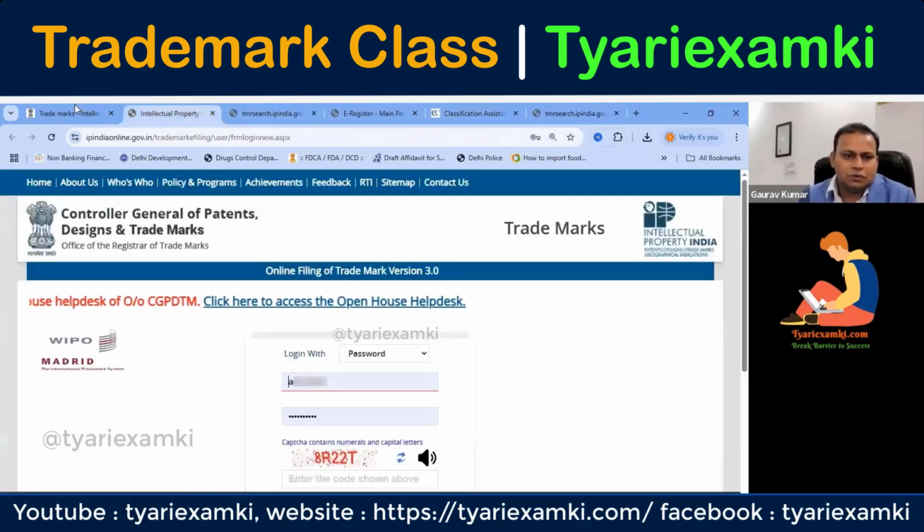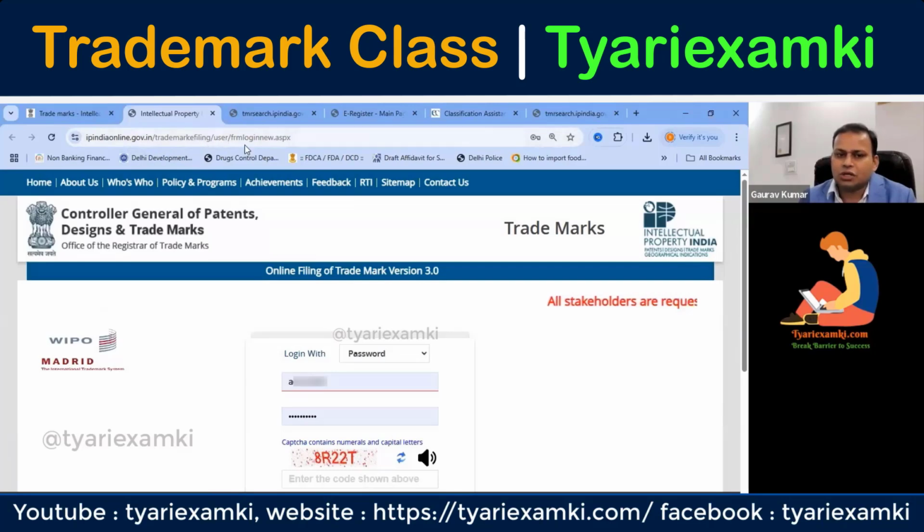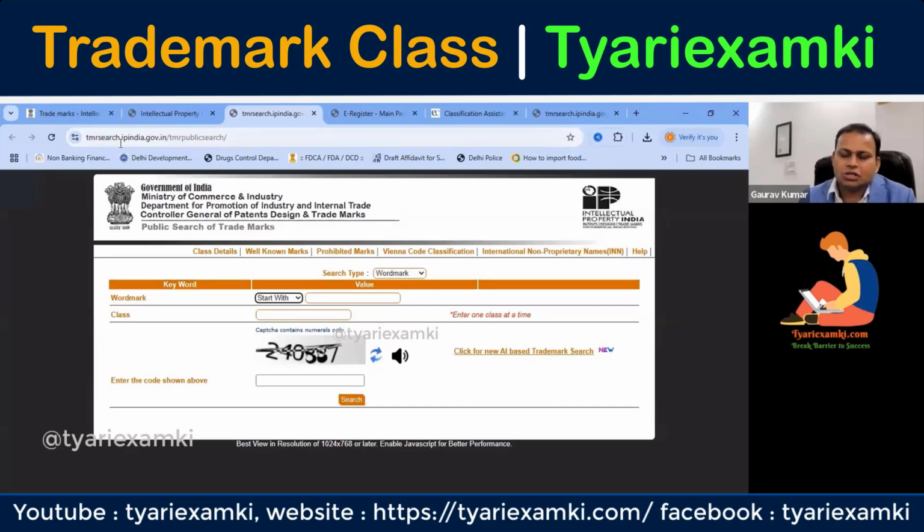Now you can write down the URL, or you can bookmark it. For the filing of the trademark, the website is ipindia.gov.in/trademark e-filing/user/form-login.aspx. For the search, tmsearch.ipindia.gov.in/tmrpublicsearch.